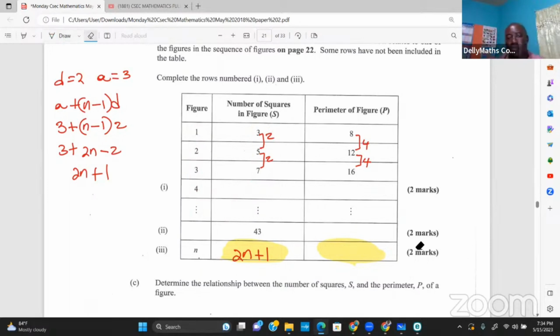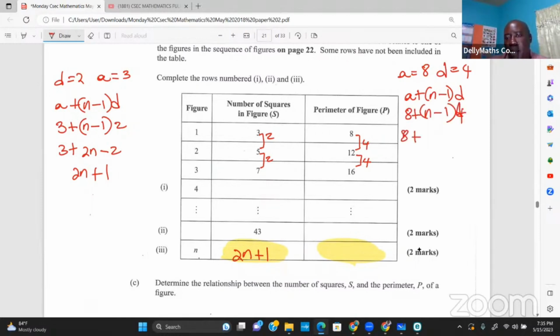So we have that. Let's fill out the other one with the 4. A is 8. D is 4. The formula to get the n-th row is A plus (n minus 1) D. A is 8, plus (n minus 1) times D, which is 4.